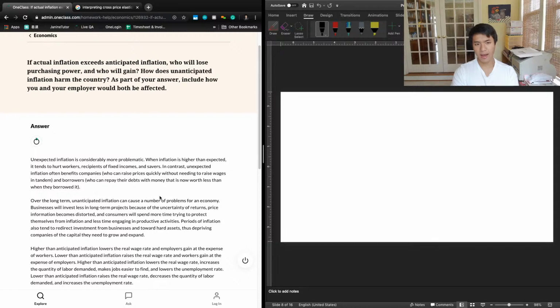How does unanticipated inflation harm the country? Most of the time when you have unanticipated inflation, people are going to spend less time on productive activities and more time trying to work on activities that would isolate you from the effects of inflation.